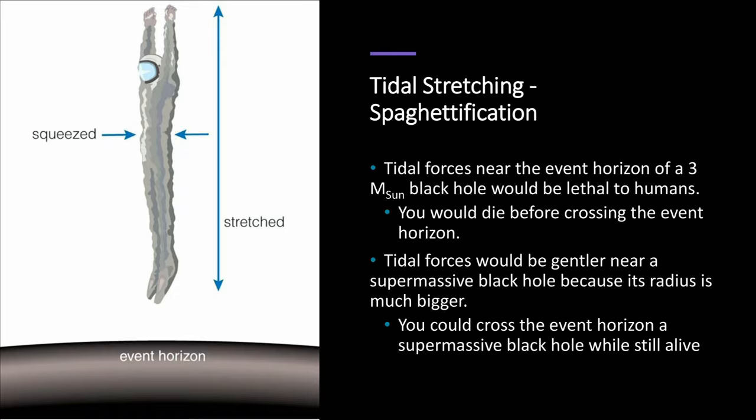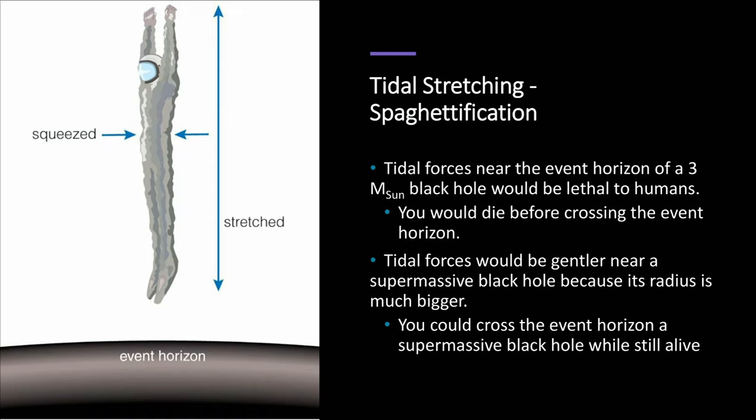It turns out that the spaghettification is worse for stellar mass black holes than it is for supermassive black holes. So for a stellar mass black hole, this tidal force would be great enough that you're probably not going to even get to the event horizon alive. So you'll be stretched apart before you pass the event horizon.